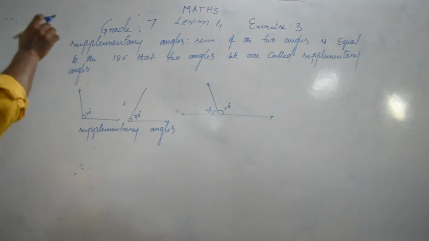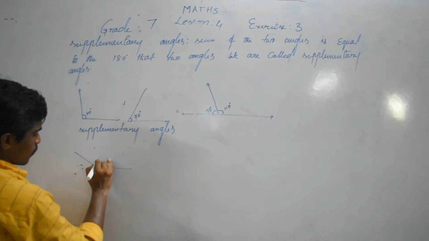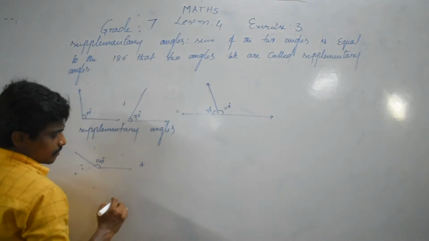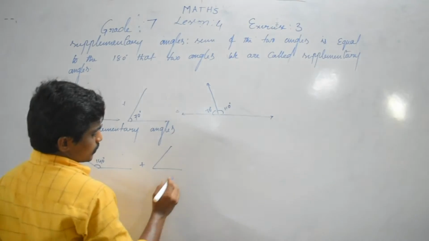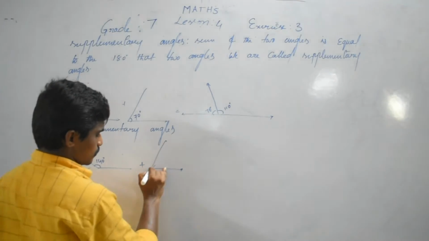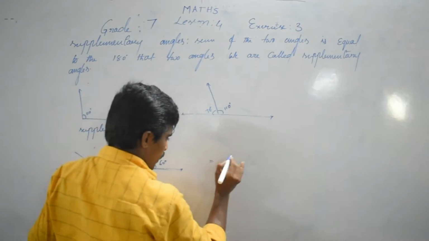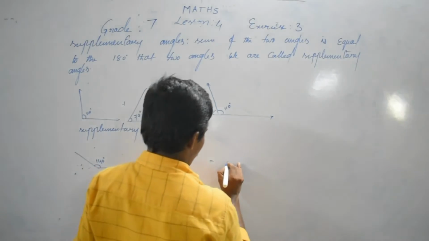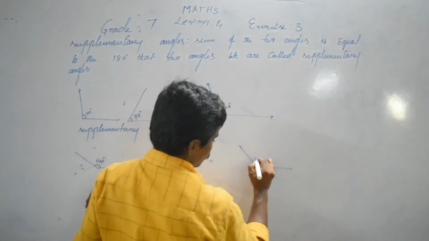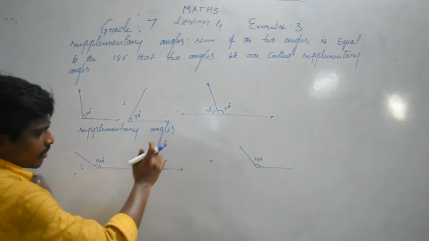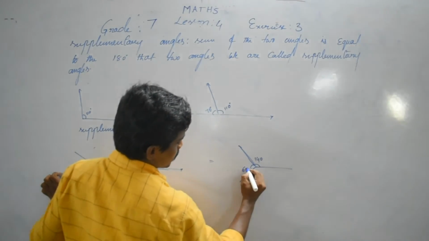So let's see another example. Here 140 degrees plus 60 degrees. These both we are adding. Here 140 degrees and this one, coming like this, 60 degrees.